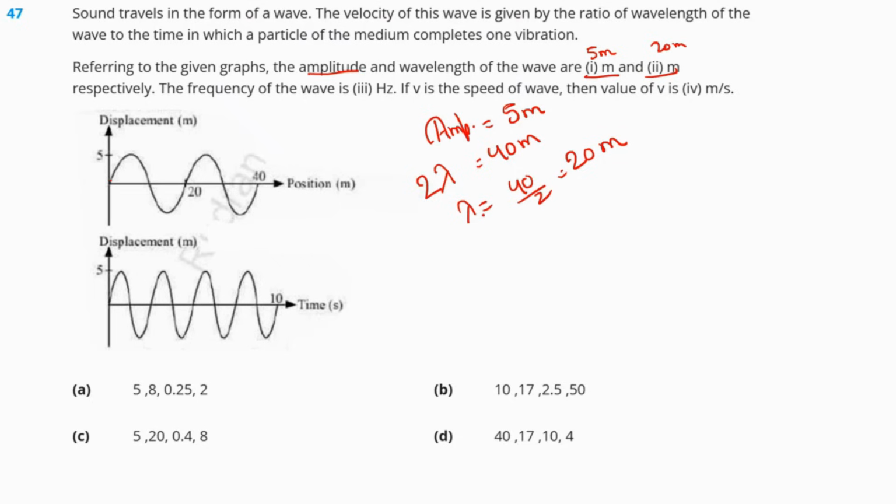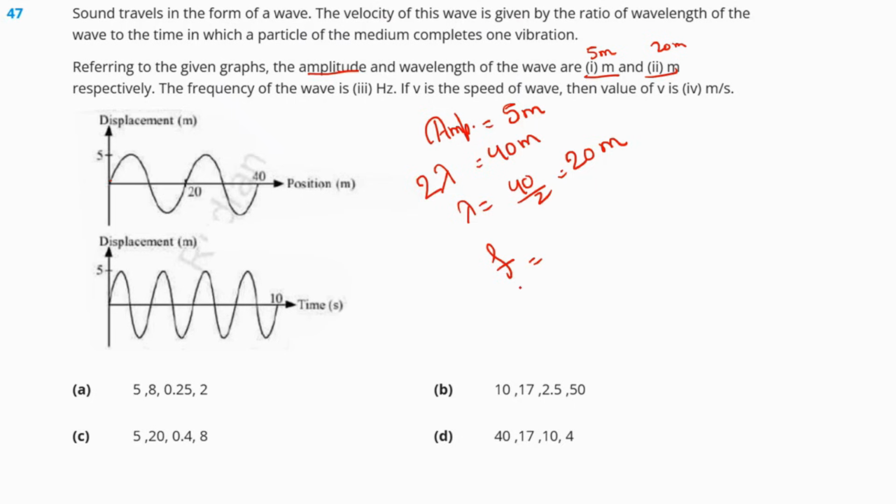Okay. Now, next is frequency. If we see the time displacement graph, the second graph, from 0 to 10 seconds, the graph shows 5 complete oscillations. Actually, 4 complete oscillations, right?